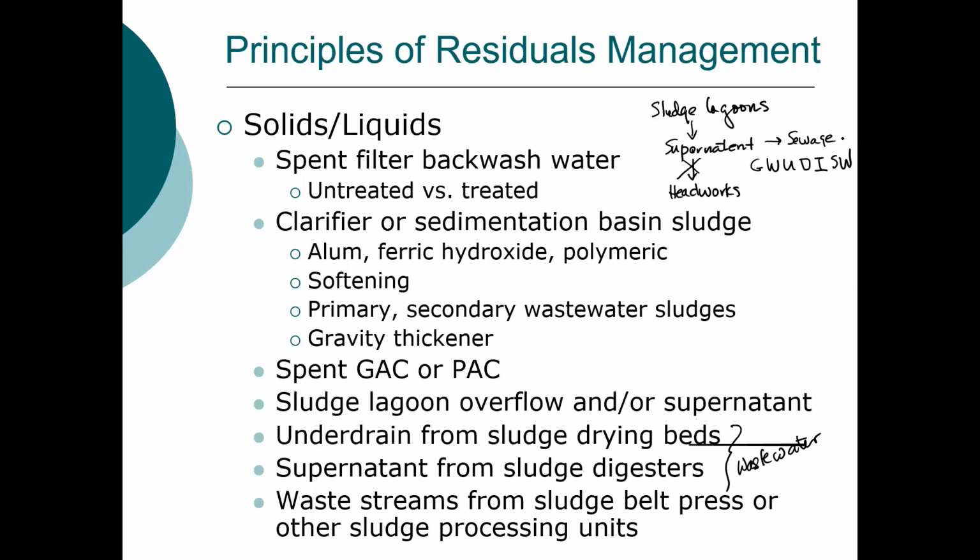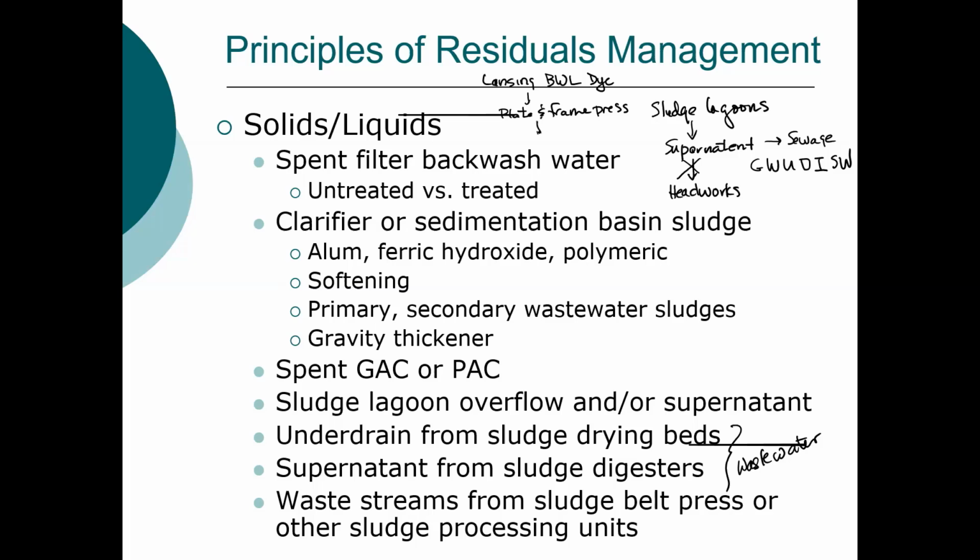On the other hand, the Lansing Board of Water and Light Dye plant uses a plate and frame press. So that's how they dewater. They actually thicken with a gravity thickener, and then they have a plate and frame press, filter press.